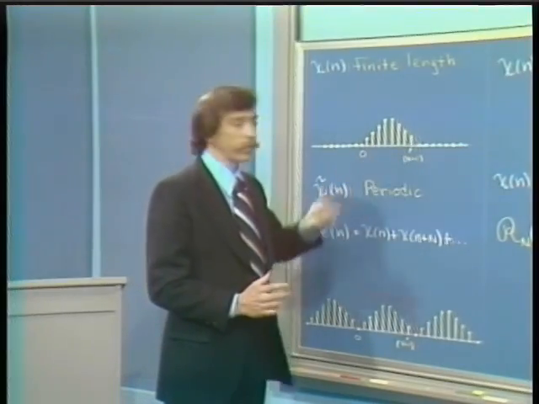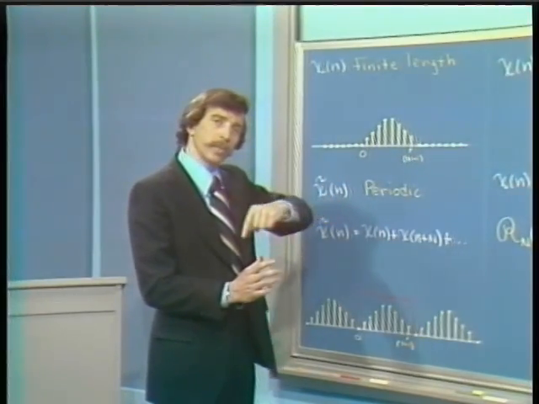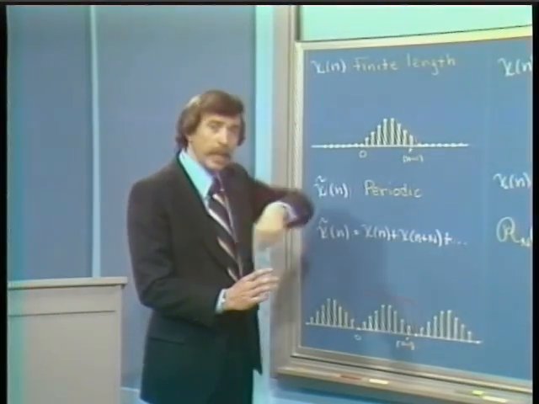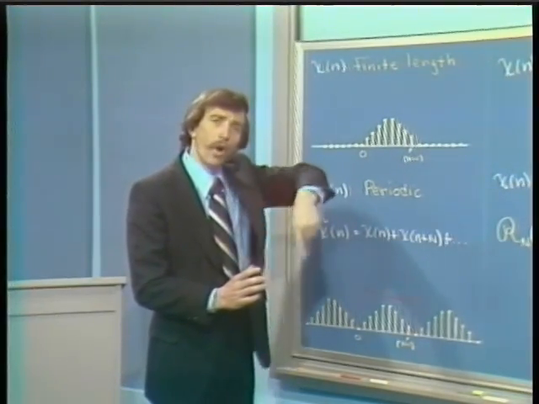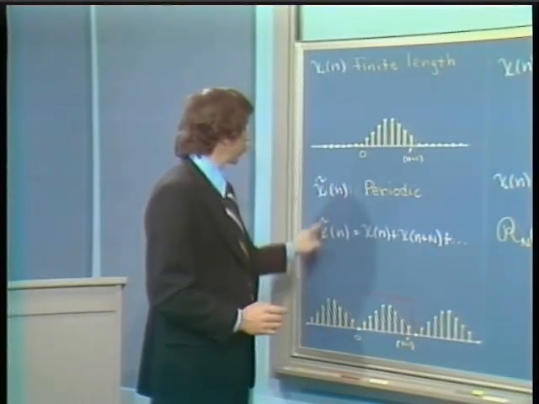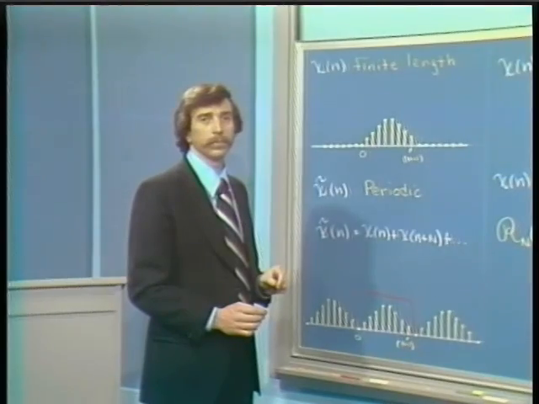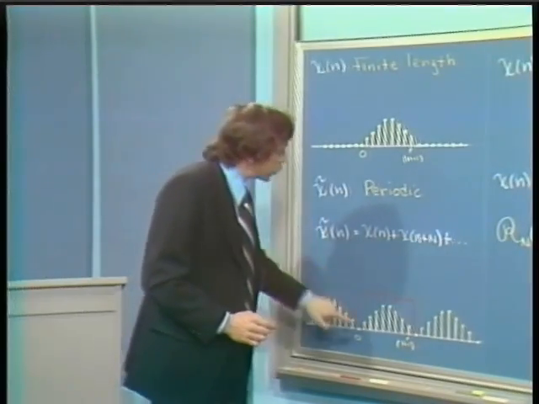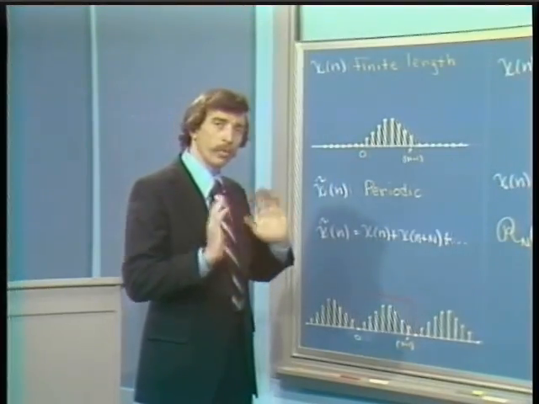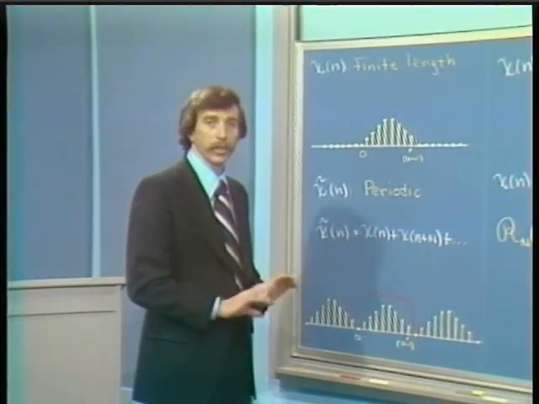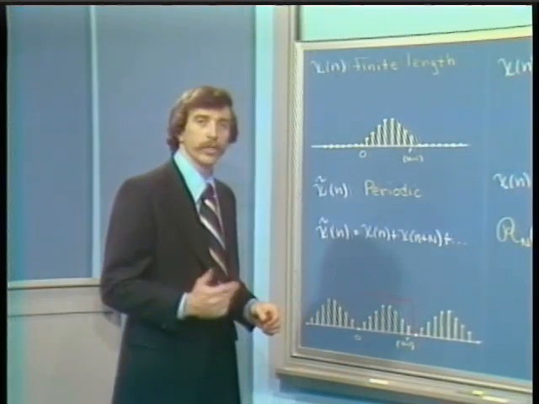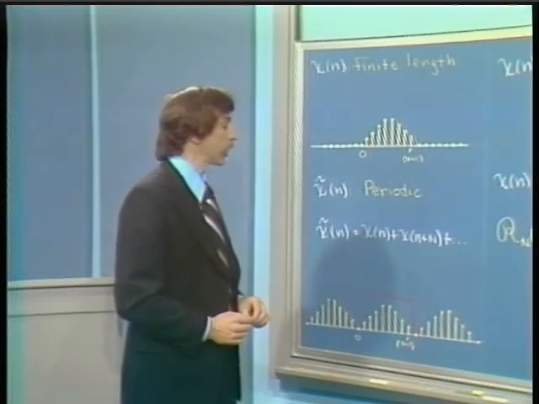So we start with the finite length sequence and just simply display it wrapped around the circumference of a cylinder. As we run around the cylinder over and over again, what we see is the periodic sequence x tilde of n. So in a sense, the periodic sequence is just simply like the finite length sequence, but wrapped on a cylinder instead of laid out in a straight line. And that's also a picture that will recur several times as we go through the next several lectures.